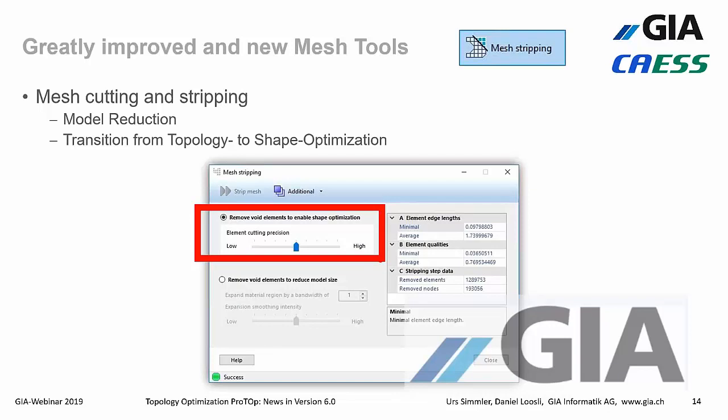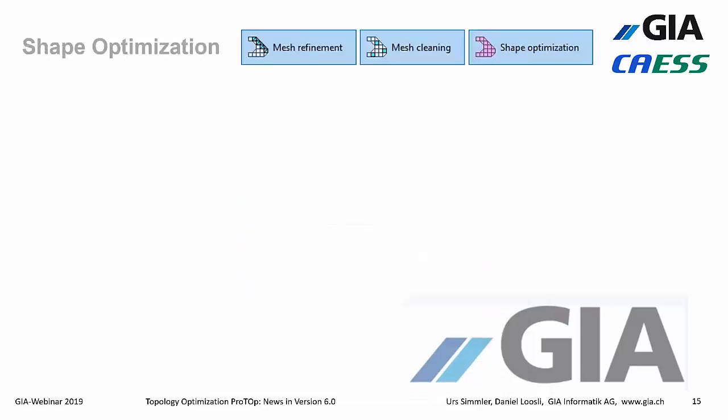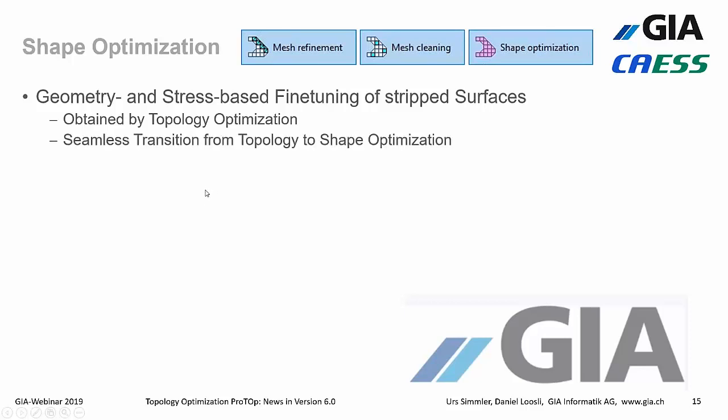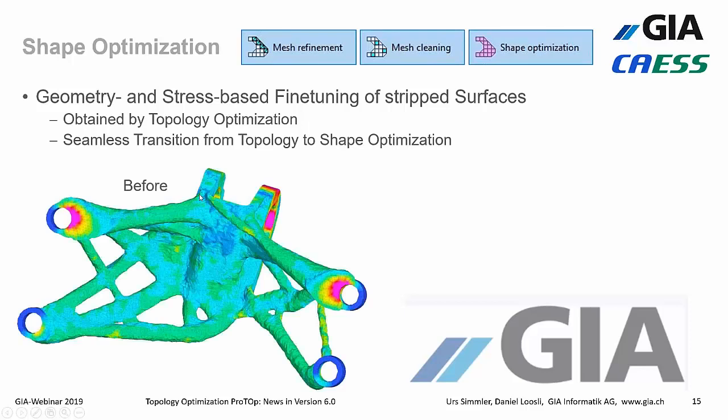You will see that later on, so you can really smooth the surfaces in the topology optimization, and you will see also the behavior of the stresses. The stresses will also be smoothed with that option. Okay, and when you smooth these surfaces, you can also do this shape optimization of the stripped surfaces. So it's like a fine-tuning of these surfaces, and therefore you will get nearly perfect stresses on your topology optimization.